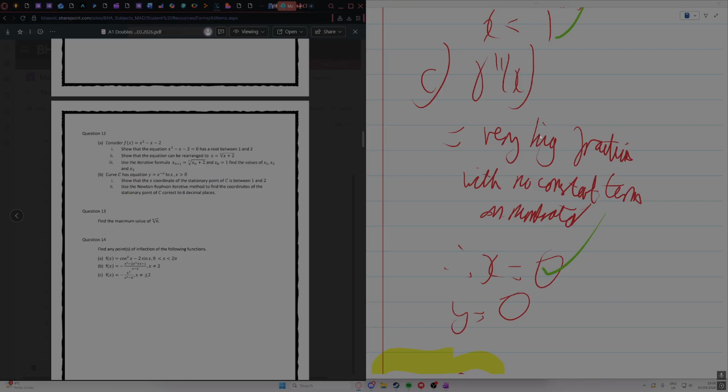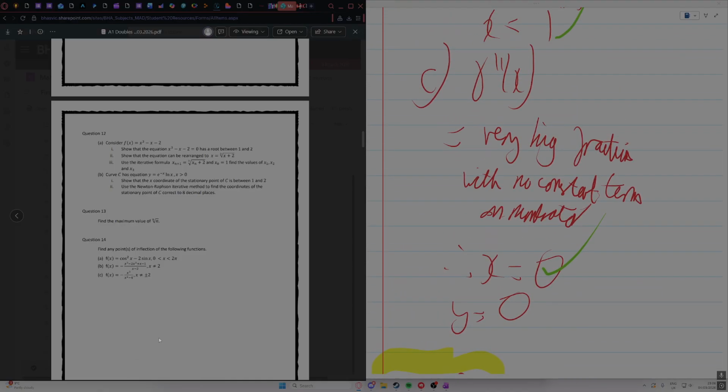So I kind of cheated by deducing that this was going to be a very big fraction with no constant term on the numerator. Therefore it would be a very high degree polynomial on the top, which we're not expected to be able to solve. So I just deduced that x is 0 because it's not going to have a constant term. You're going to multiply out by the denominator to get minus the big polynomial equals 0, but it's not going to have a constant term, so you can factorize x out, and that's going to give you x equals 0.